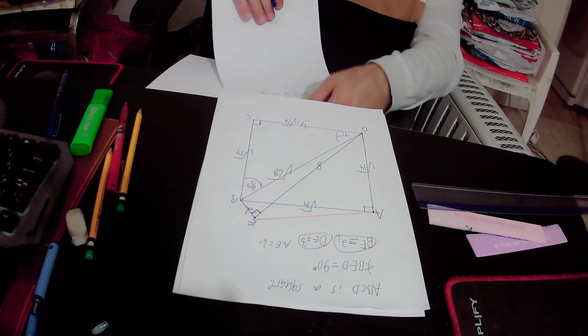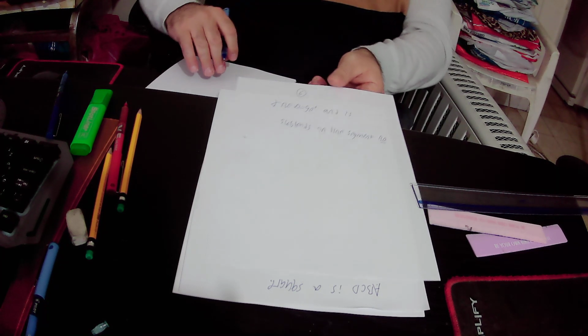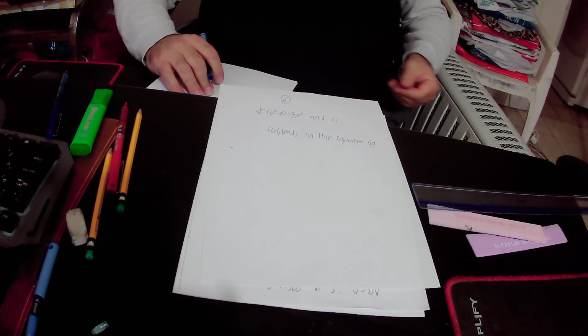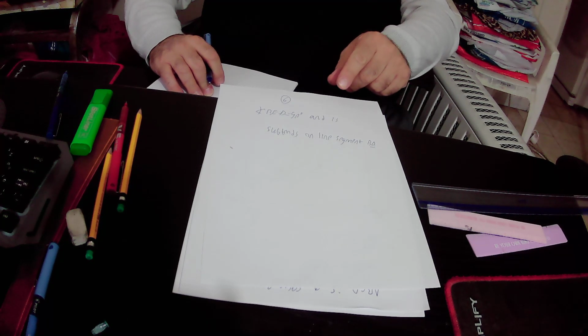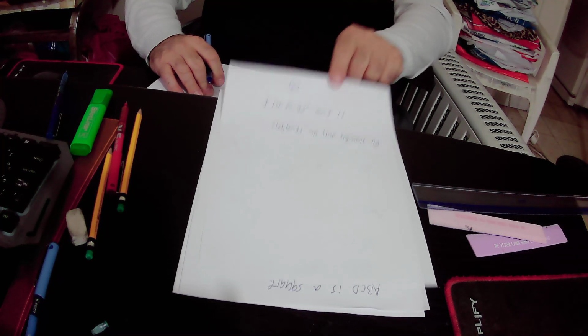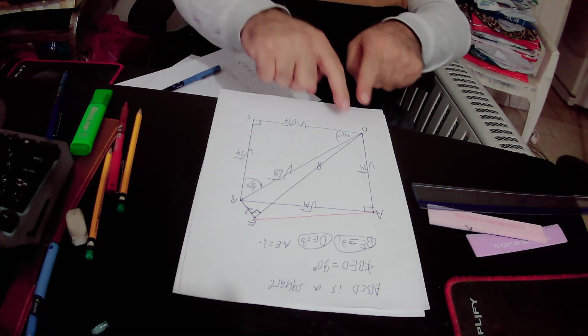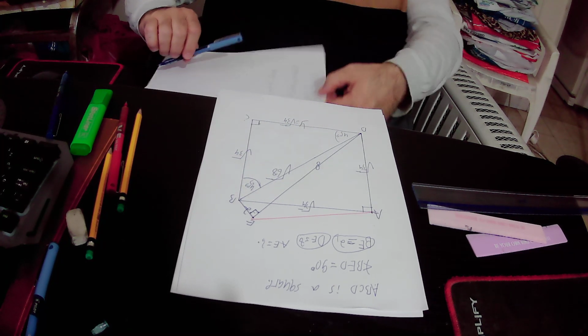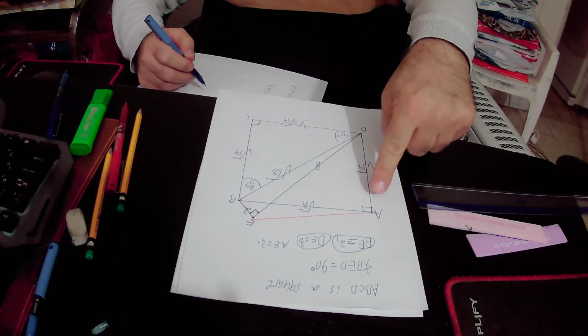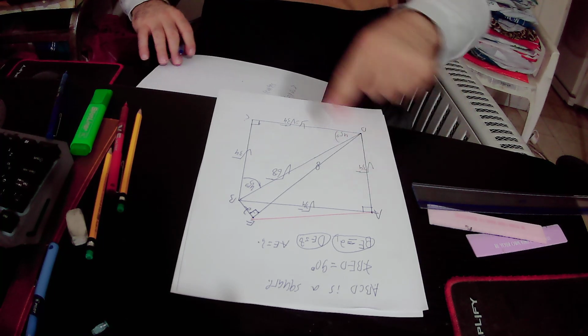I will repeat again. Angle BED equals 90 degrees, and this angle is subtended on line segment BD, and we also have the second angle, angle BAD, which also equals 90 degrees.